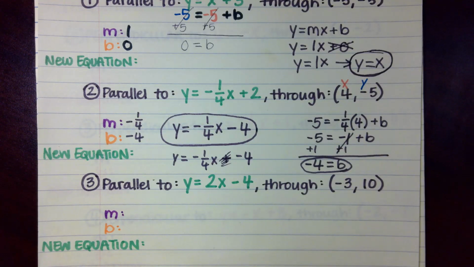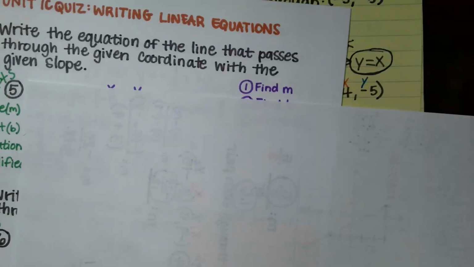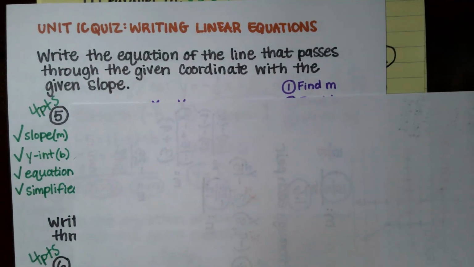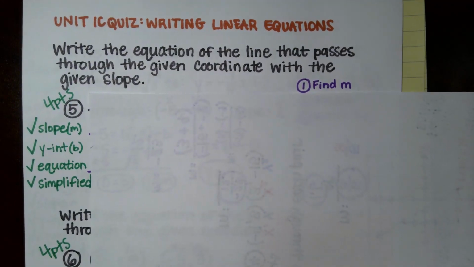On your quiz, one of the things I'm looking for, and I don't want to give you the exact problem or the answer, so I'll cover it up, is this question: write the equation of the line that passes through the given coordinate with the given slope.